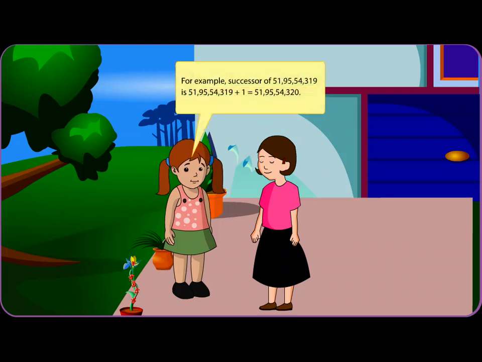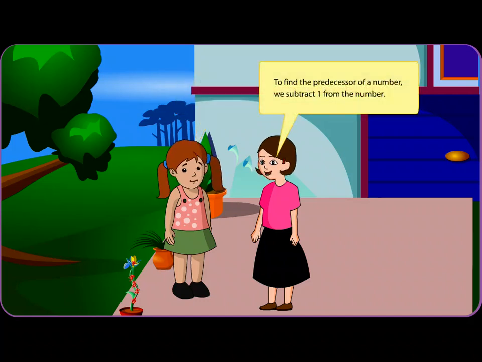For example, successor of 51 crore 95 lakh 54,319 is 51 crore 95 lakh 54,319 plus 1 is equal to 51 crore 95 lakh 54,320.